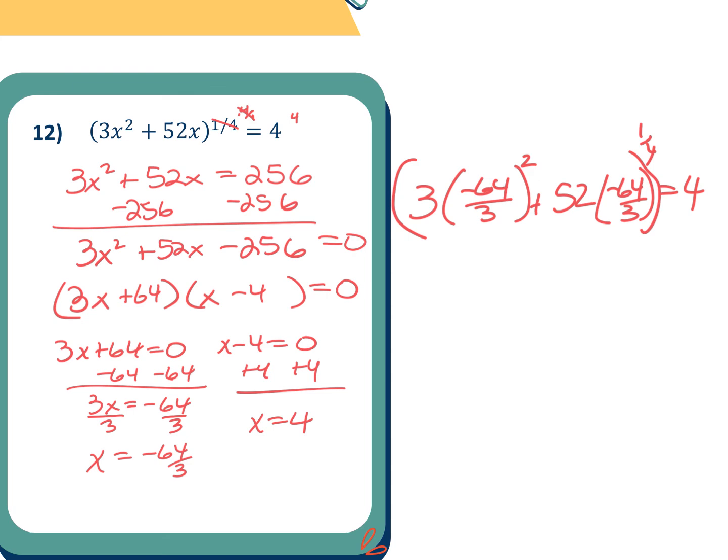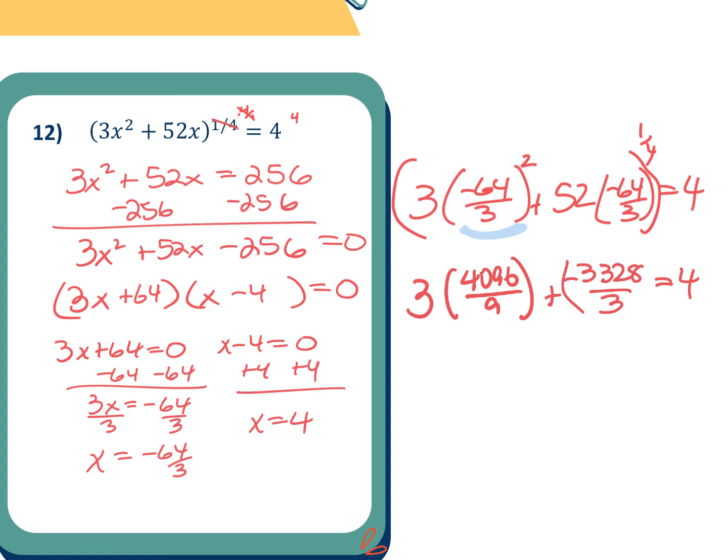Once I square this thing, I end up getting 3 times 4,096 over 9. I'll multiply 52 times negative 64, and this gives me 3,328 over 3, negative. Equals 4.